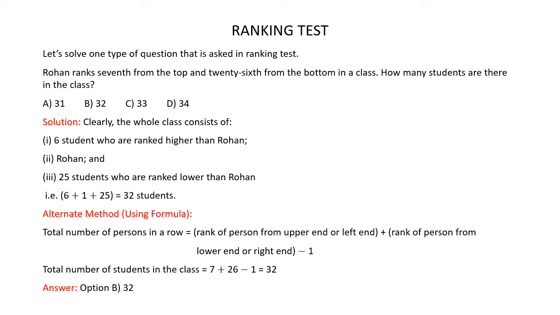The formula to find the total number of persons in the class is total number of persons is equal to rank of the person from the upper end or lower end plus rank of person from the lower end or right end minus 1. So the total number of students in the class is 7 plus 26 minus 1, which is 32. So the correct answer is option B, 32.